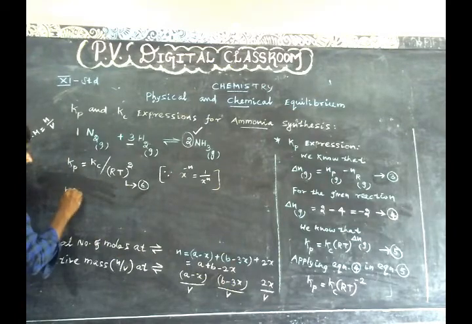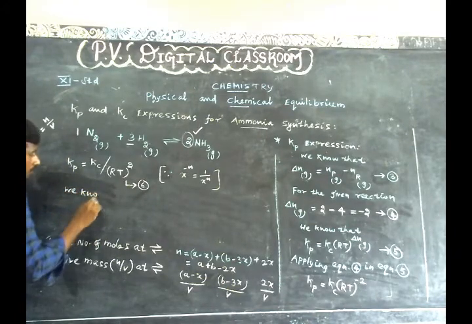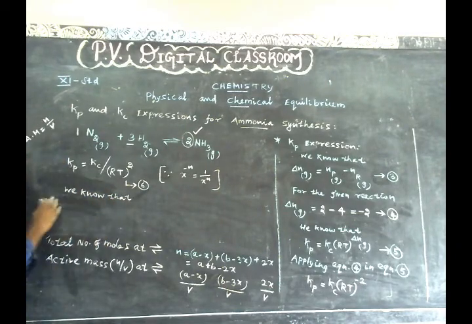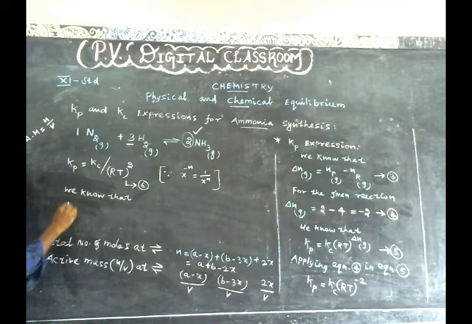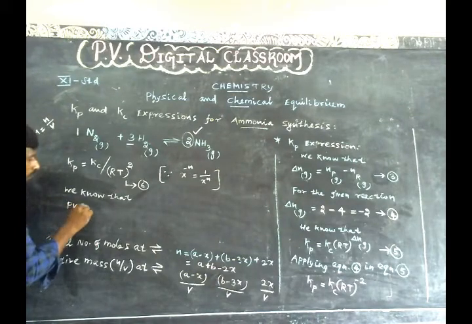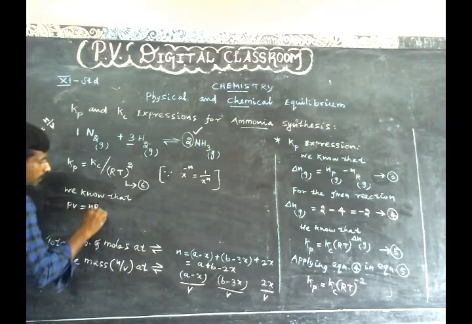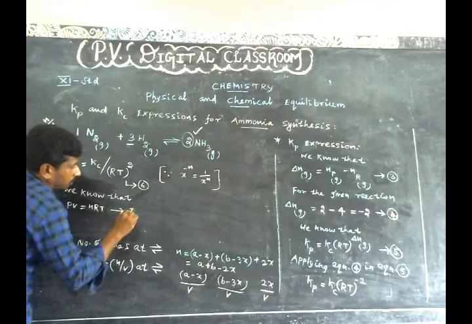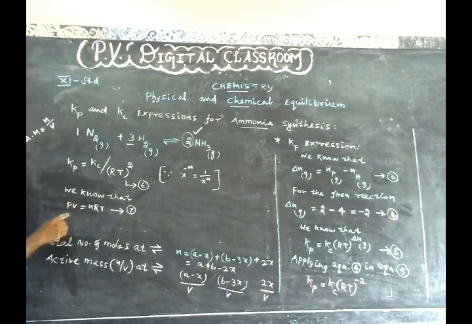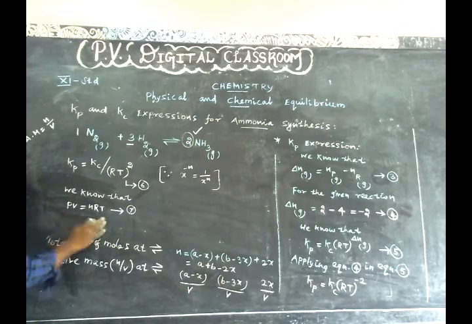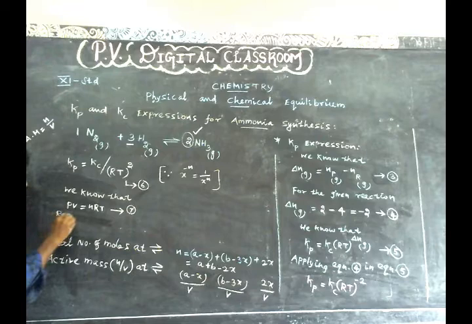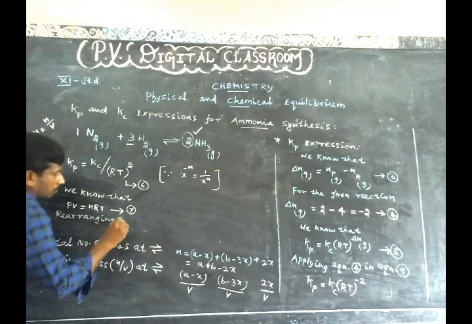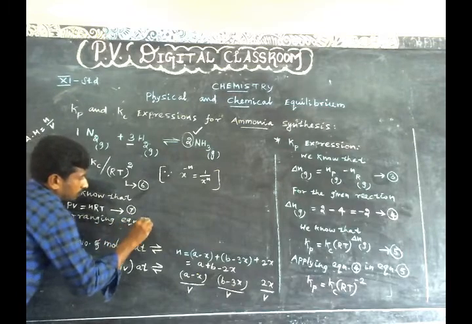We know that the ideal gas equation is PV is equal to nRT. So this is equation number 7.